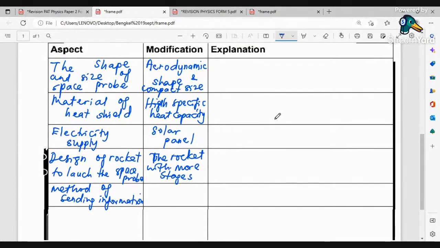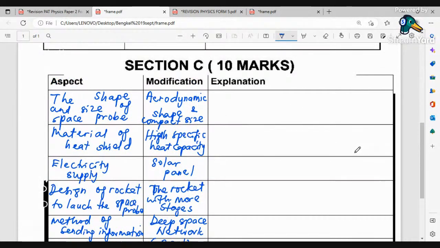Method of sending information using a deep space network. DSN. Okay. So explanation you can write down. Aerodynamic shape means reduce air resistance. Aerodynamic ya.